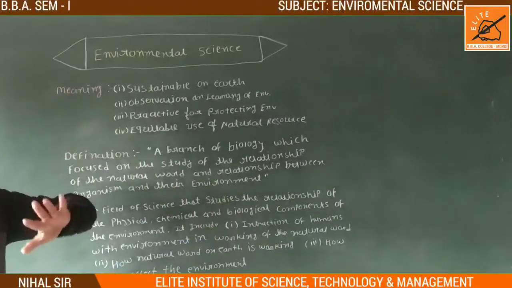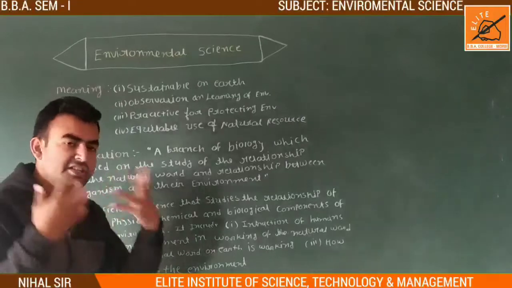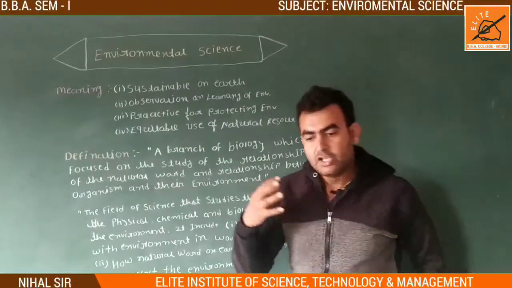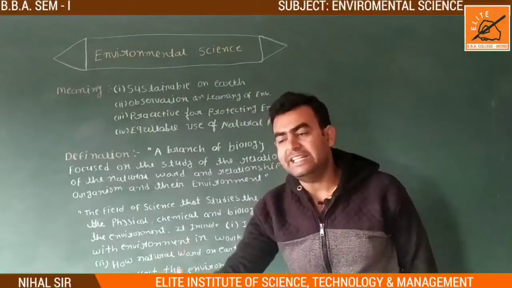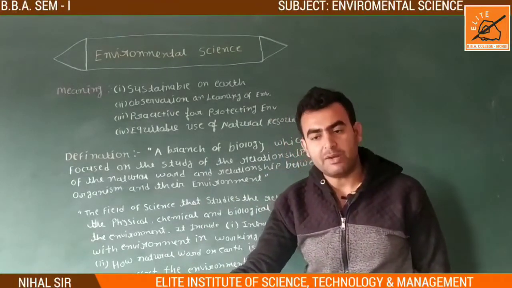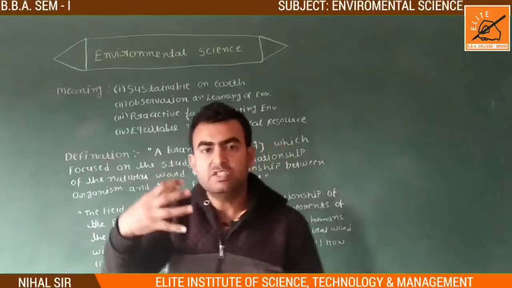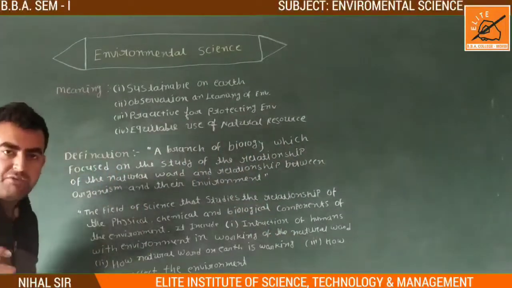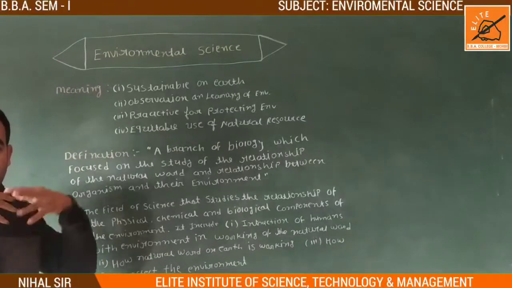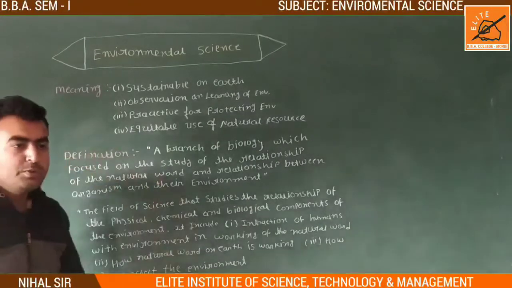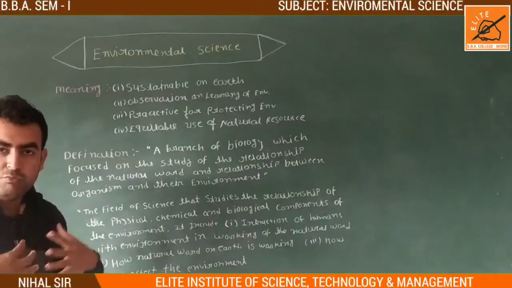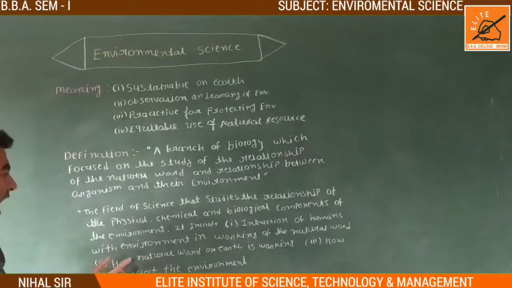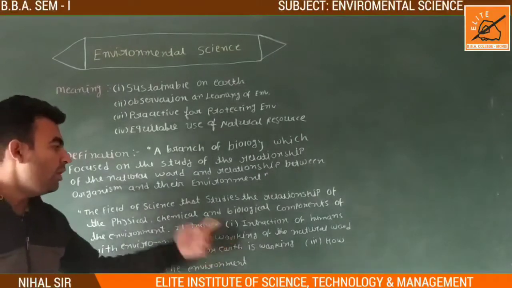The first thing is the interaction of humans. Human means us. How we interact with the environment, and how we interact with the natural world. So in environmental science, first of all, we observe and learn about the interaction of humans or living organisms. The second thing studied by environmental science is how the natural world on the earth is working.